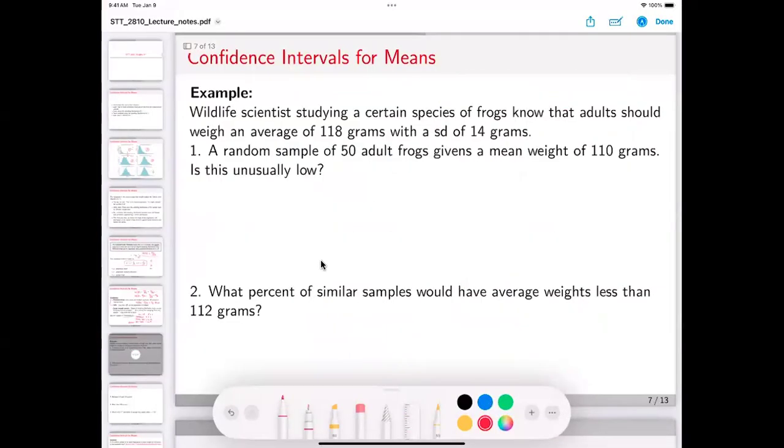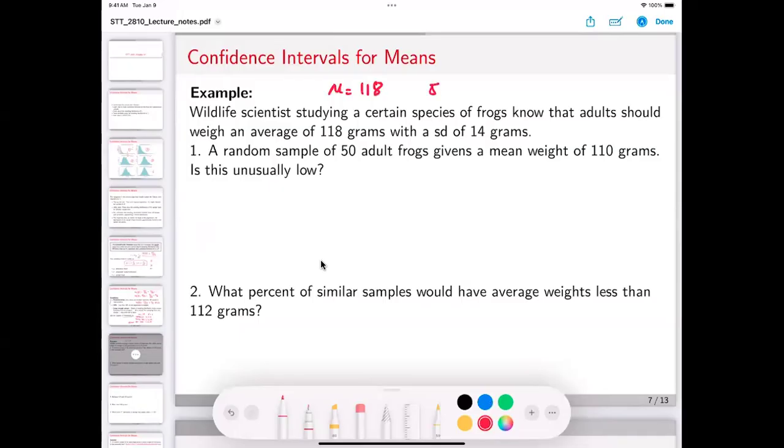Okay, now let's proceed. Now we want to answer some problems on the sample mean. So let's look at this example here. It says that a wildlife scientist studying a certain species of frogs knows that the adults weigh, on average, mu equals 118, with a standard deviation of 14 grams.